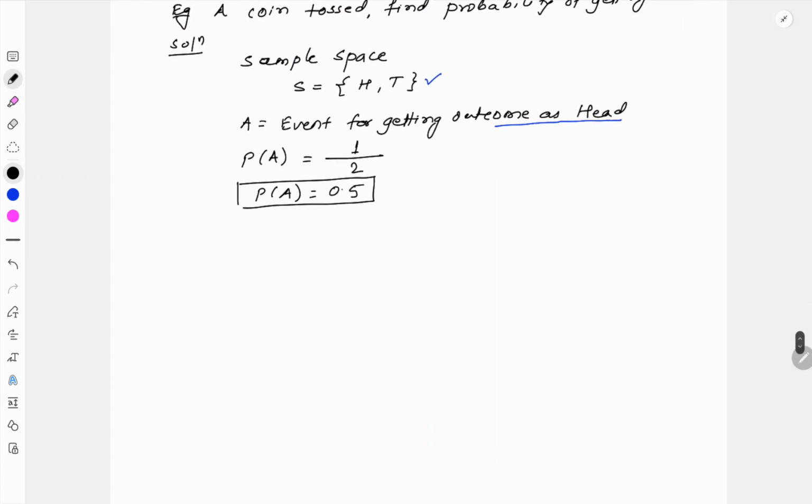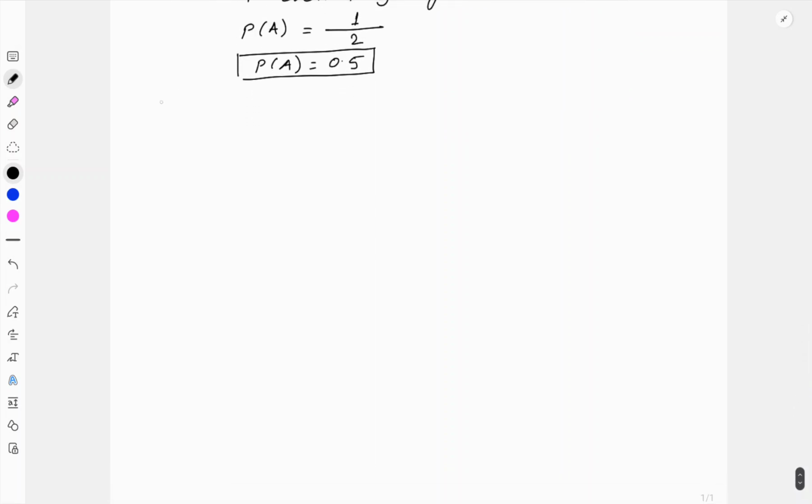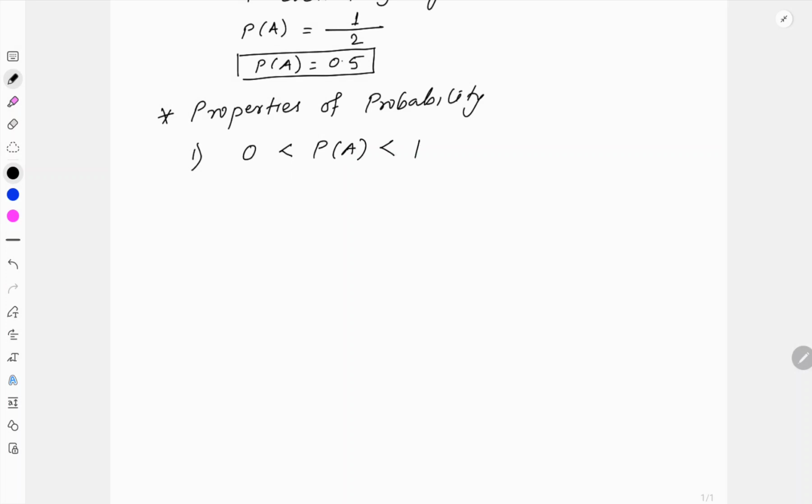Now let us summarize the properties of probability. The first property states that the value of probability is always between 0 and 1. So it can be denoted as probability of A is always between 0 and 1.